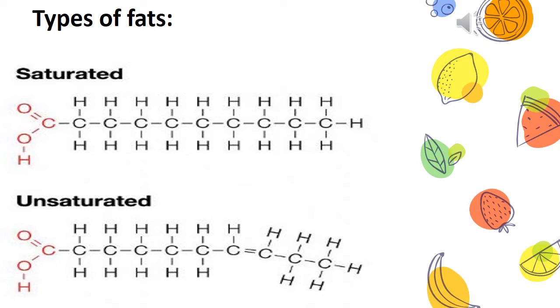Now these have been classified on the basis of the bond between carbon and carbon atom. If you see the first structure, I don't go deep into the structure also. C refers to your carbon atom, H refers to your hydrogen atom, and the line between them refers to a bond.